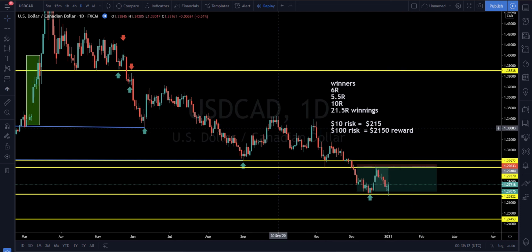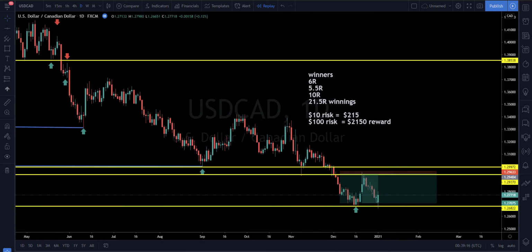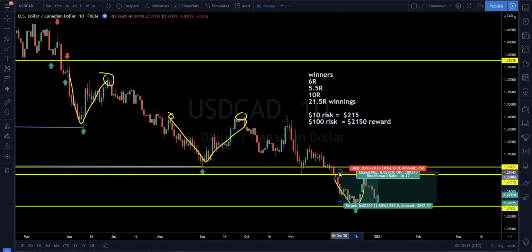So this was USD CAD on a daily. Our trades were entered around these levels here, so there was a run down and pullback. And then here we had a run down and a pullback, and then here we had a run down and a pullback.